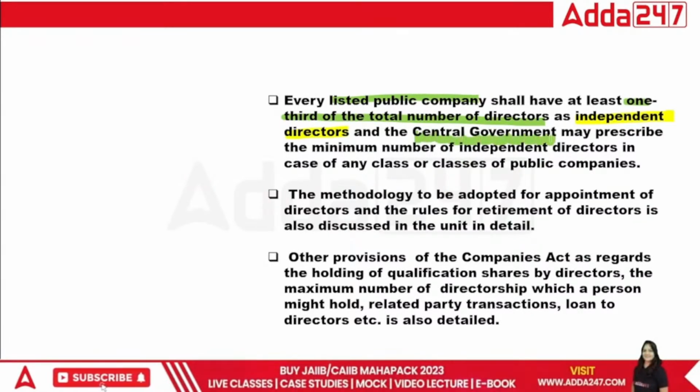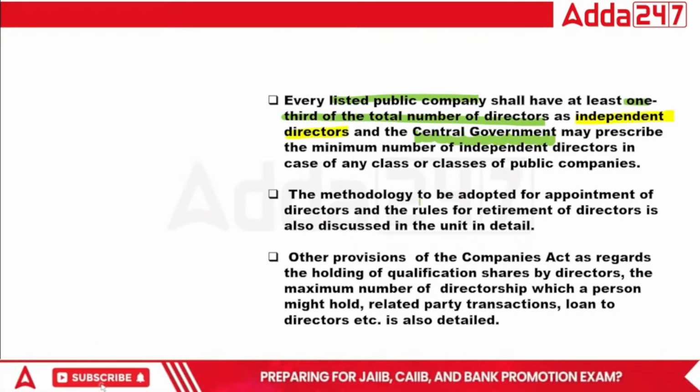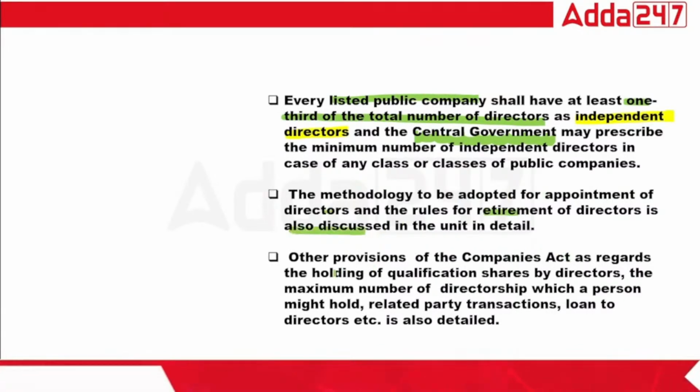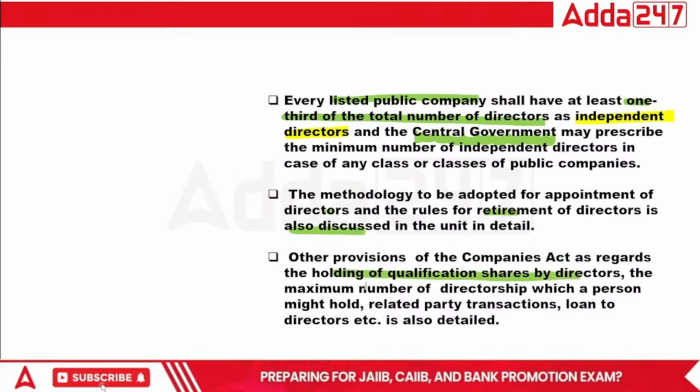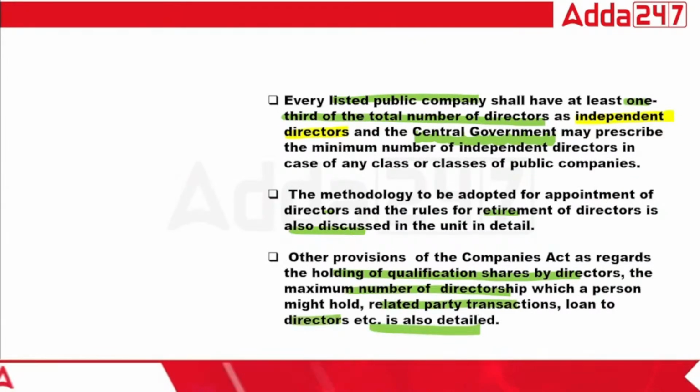An independent director does not work under the control of any other person. The methodology for the appointment of directors and the rules of retirement of directors are with the Act. Other provisions of the Company Act cover the holding of qualification shares by directors, the maximum number of directorships, which is 20, related party transactions, loans to directors, etc. Everything is written in the Company Act.